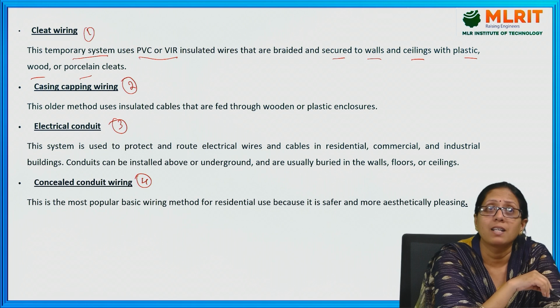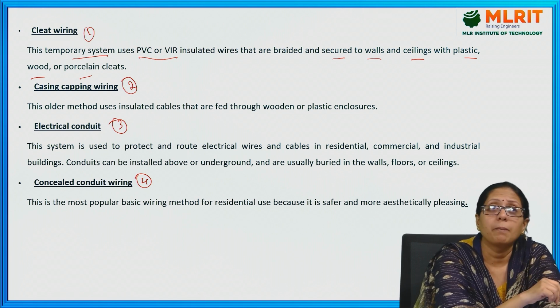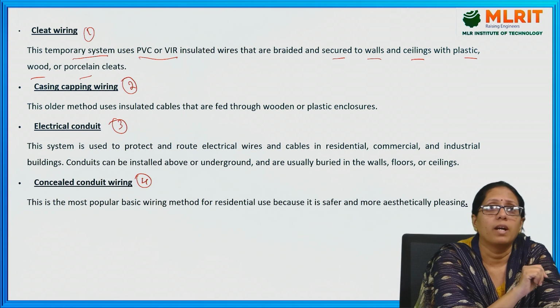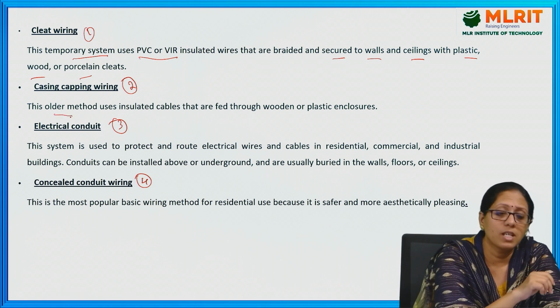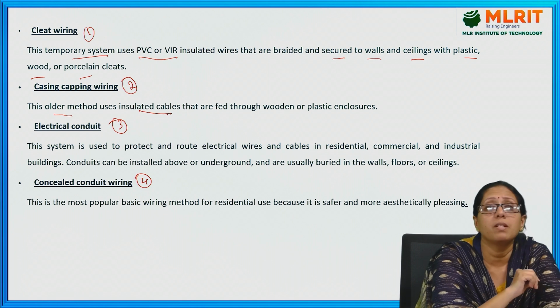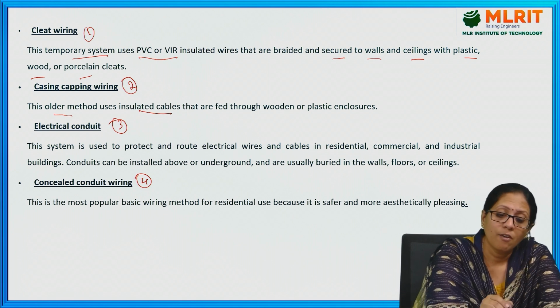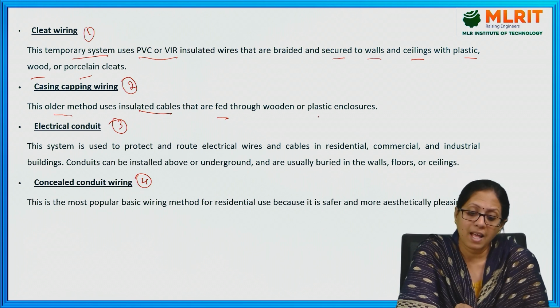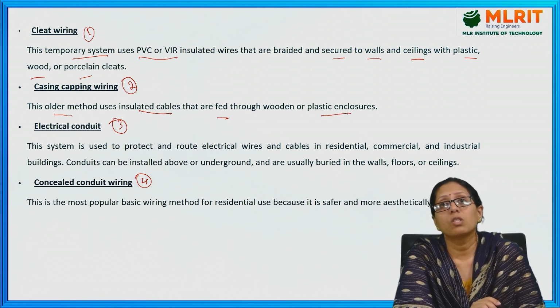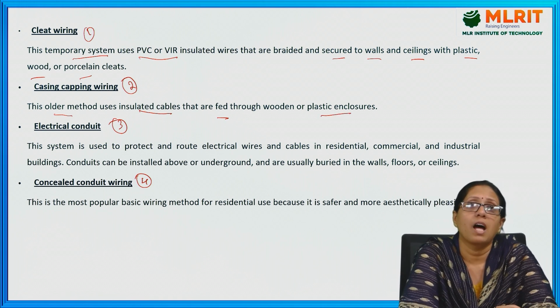The second type is casing and capping wiring. This is an older method, mostly using insulated cables that are fed through wooden or plastic enclosures. Mostly plastic enclosures are used.